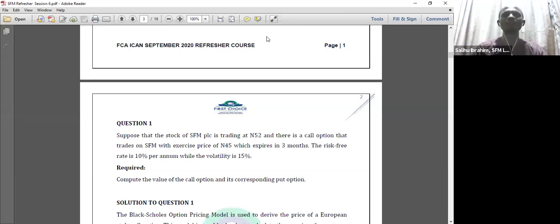That is the more popular option pricing, and that is the one ICAN has consistently tested in their exam. That is why I'm focusing on Black-Scholes. The binomial, I've never come across it in the ICAN exam. It may be there, but I've never come across it, so I wouldn't want to waste time on that. The Black-Scholes is what we are going to cover.